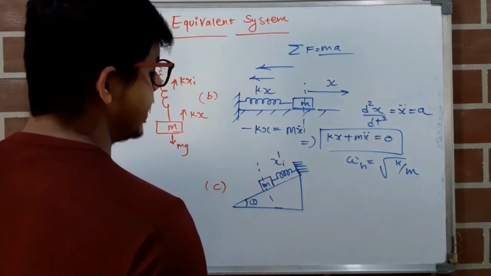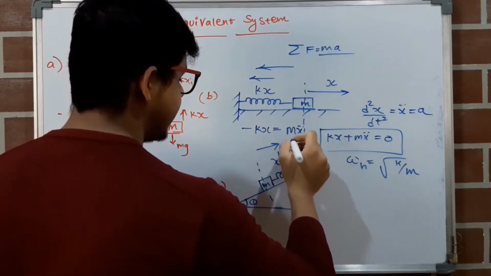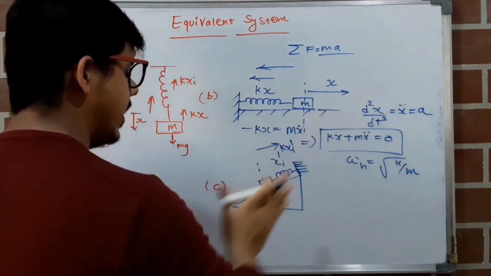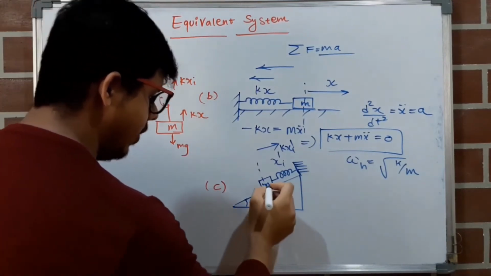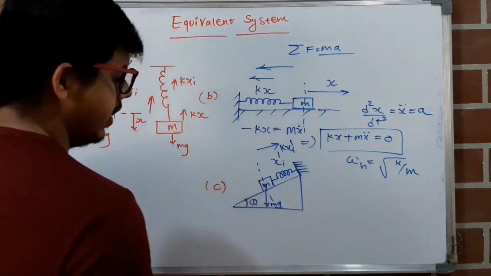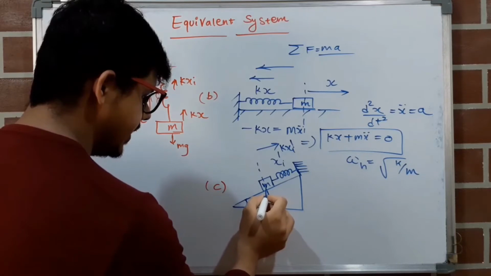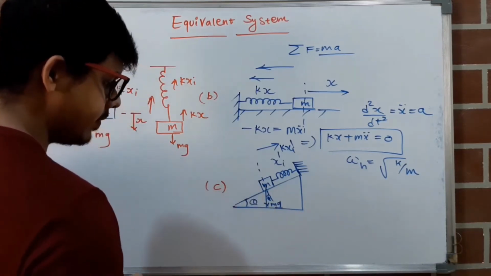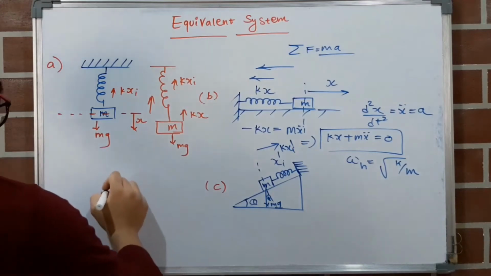So due to this initial deflection, we will get a k into xi dash force in the upward direction. That is the restoring force of the spring. Now the weight of this mass is acting downwards, so this is mg. And we know that this angle is theta, so this angle will also be theta. Okay, I will draw an enlarged free body diagram.